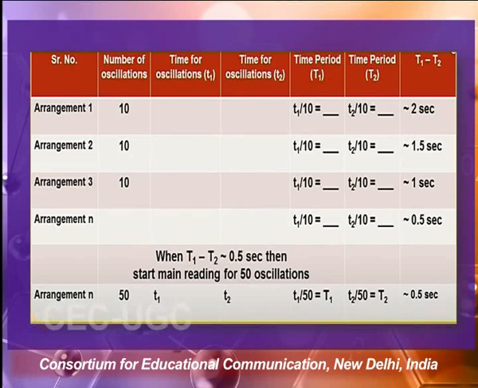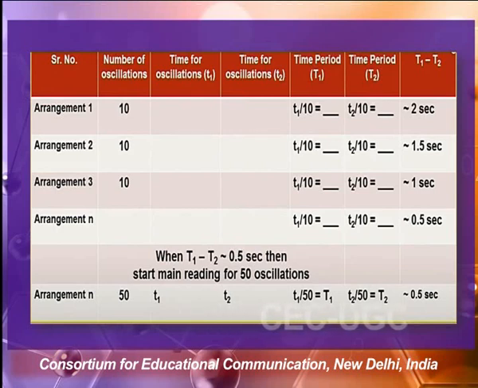In arrangement 1, T1 minus T2 is approximately 2 seconds. In arrangement 2, for 10 oscillations, T1 minus T2 is approximately 1.5 seconds. Again in arrangement 3, for 10 oscillations, T1 minus T2 is approximately 1 second. And in the last arrangement, T1 minus T2 is approximately 0.5 second.